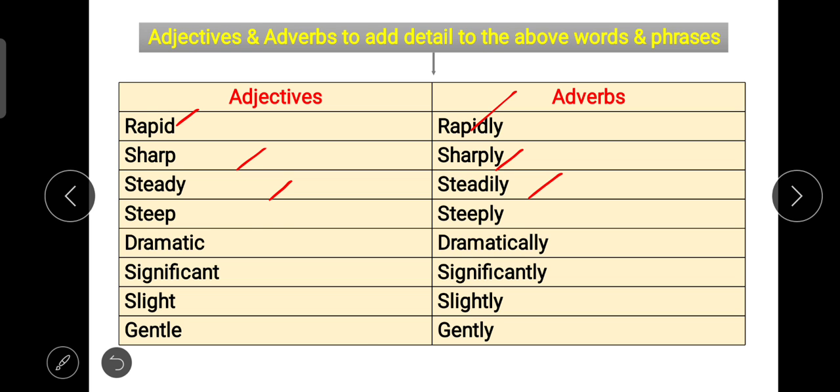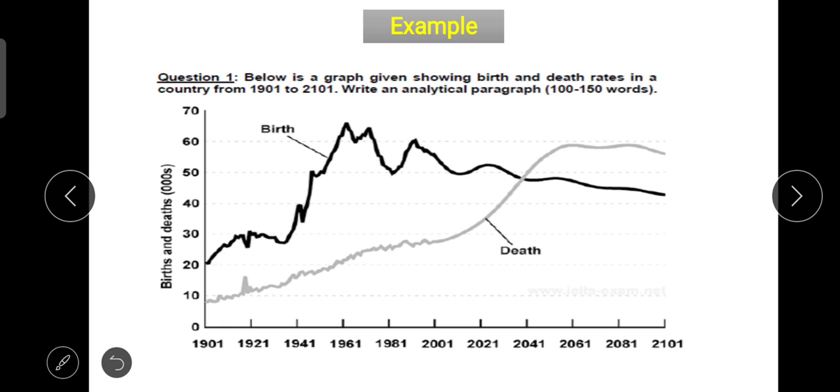Steady, steadily. Steep, steeply. Dramatic, dramatically. Significant, significantly. Slight, slightly. Gentle, gently. So in this way, it's our choice whether we want to use adjective form of the word or the adverbial form or adverb form of the word.